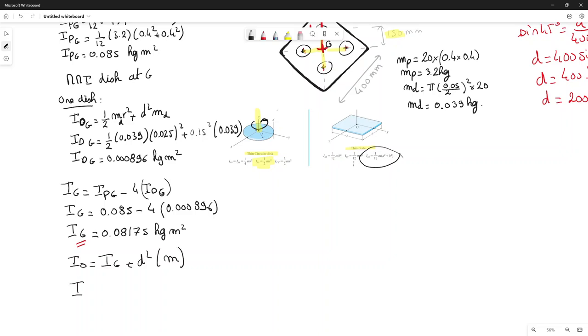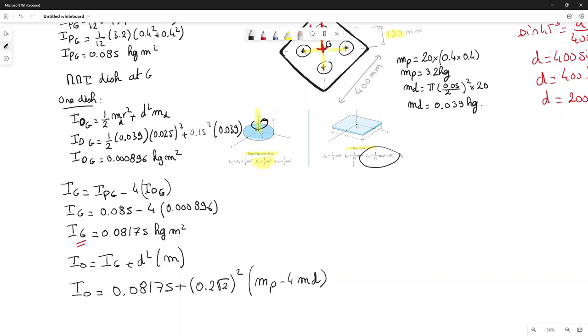So that will be IO equals 0.08175 plus the distance that we found, that is 0.2 square root of 2. Don't forget to have everything in meter. 0.2 square root of 2 squared times the mass of the plate. That will be the mass of the plate minus 4 times the mass of the disk that we found there.